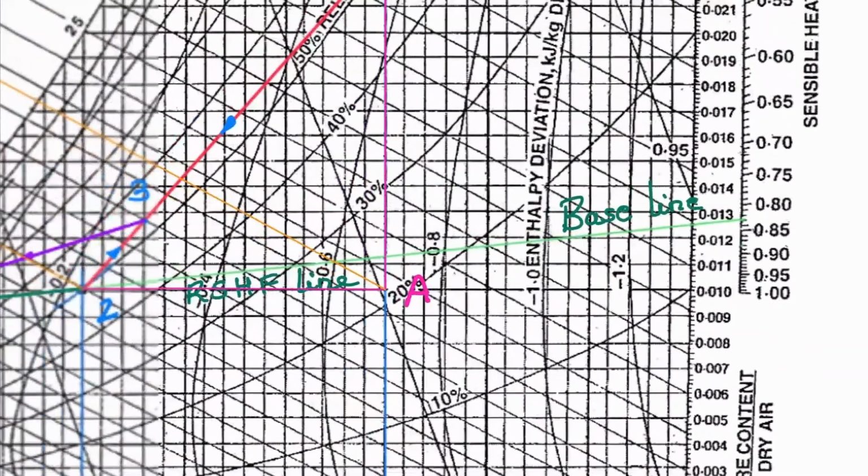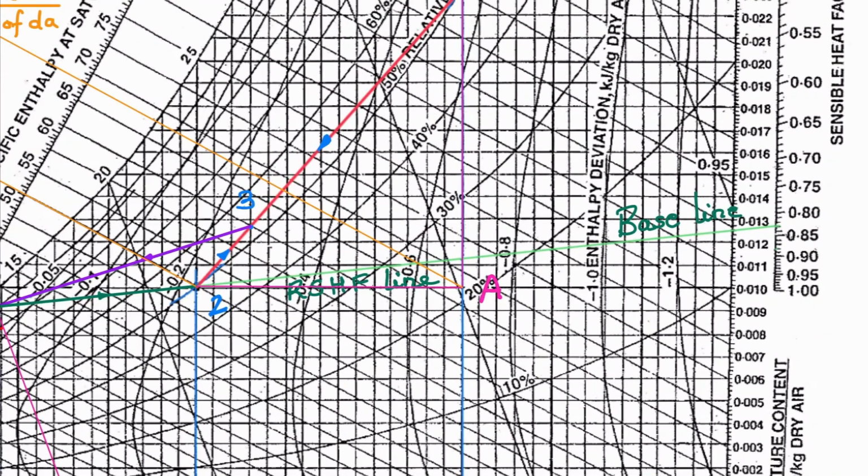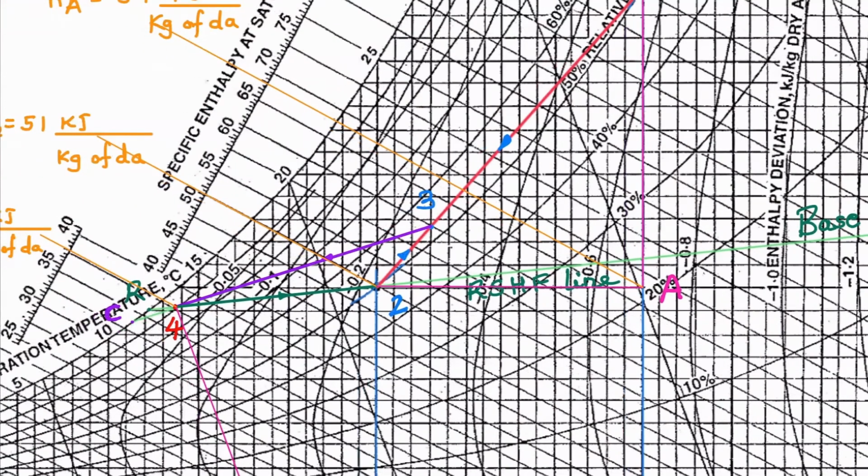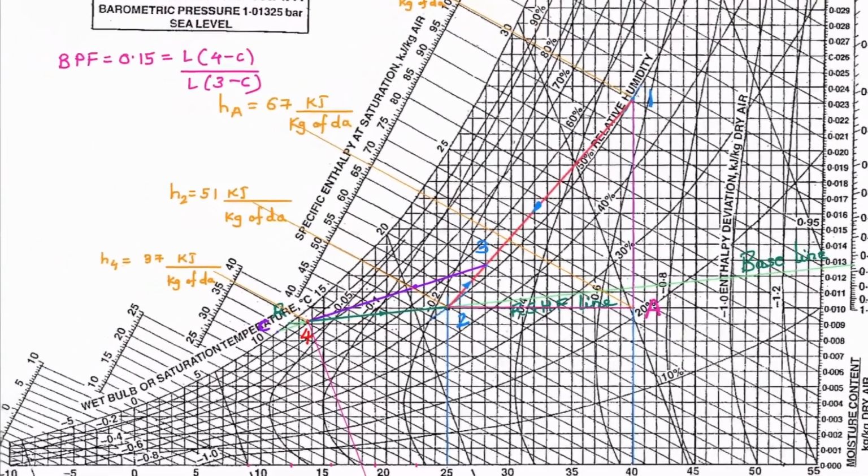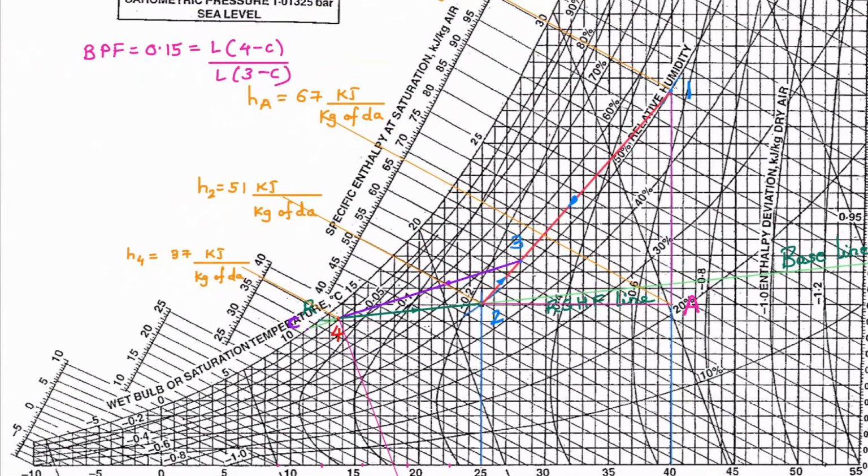You have to join the RSHF value with the alignment circle and draw a line. This line is the baseline. Then draw parallel to this baseline passing through point 2. Wherever it cuts the saturation curve, there we will get point R. This line 2 to R is called the RSHF line. Now what will be the next step? We have to locate point 4.